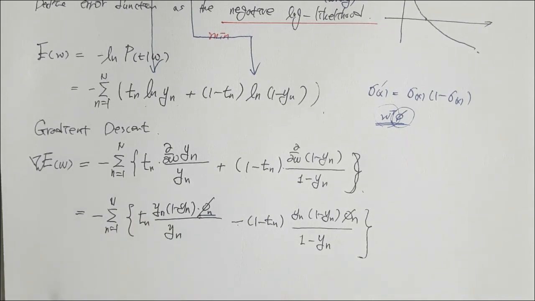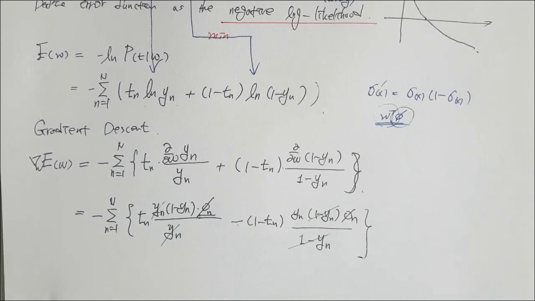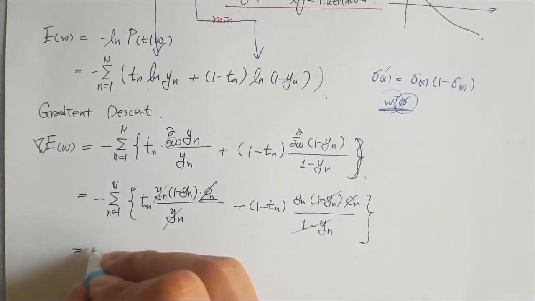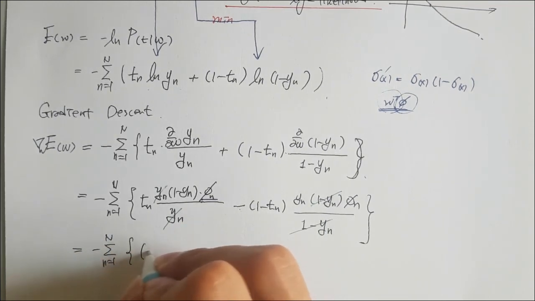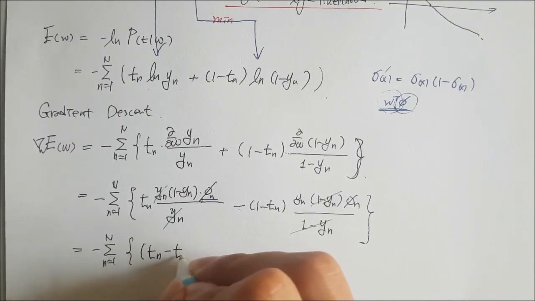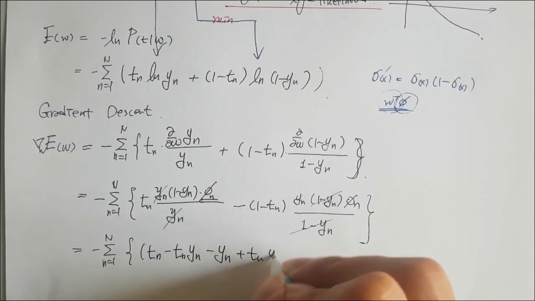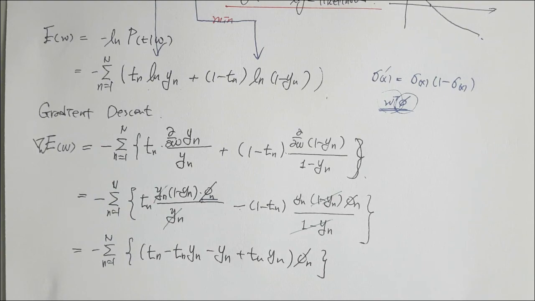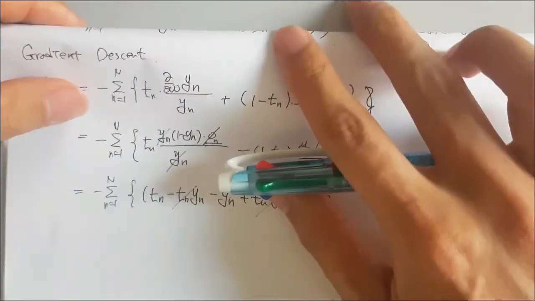So here we can delete each of these equations, and it will be t_n minus t_n y_n minus y_n plus t_n y_n times the basis function, like this. So these two terms will also be cancelled out, so you can feel things are getting easier right now.